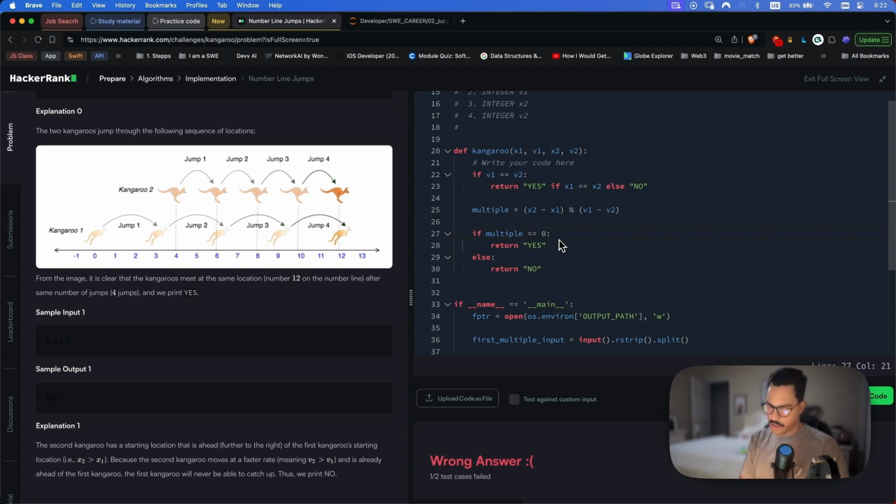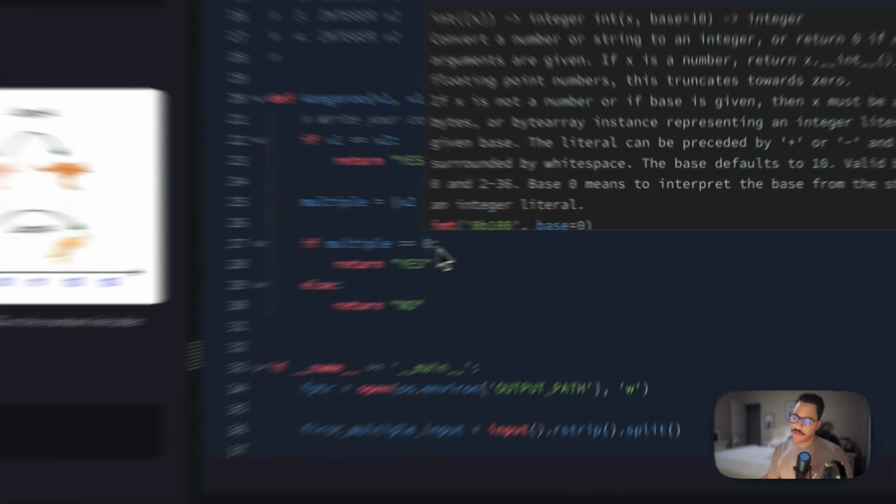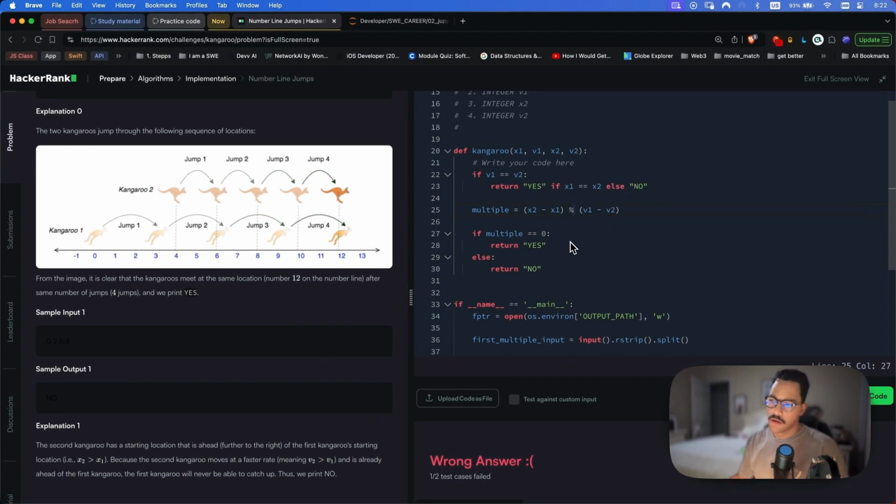The multiple has to equally divide the difference between, maybe it's not the mod operator. Maybe I'm looking for the wrong thing.